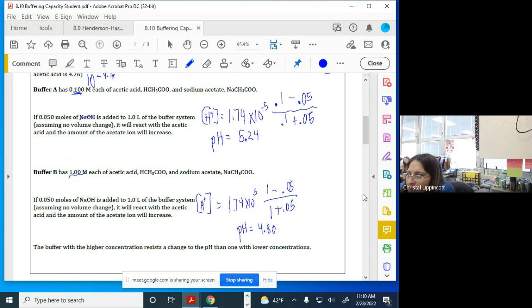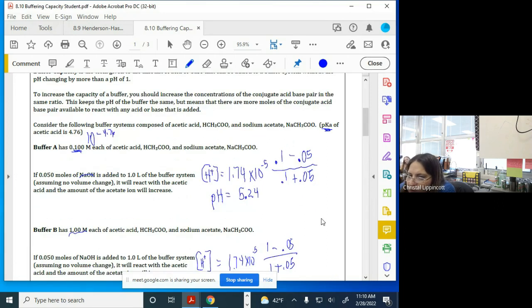Remember, if we wanted to figure out what our pH was before we started this whole thing, we had these in equal amounts. So that means that our ratio would have been 1 to 1. That would have given us our pH equal to our pKa at that point when these are at 1:1. So our pH started out, before we added anything, at 4.76.